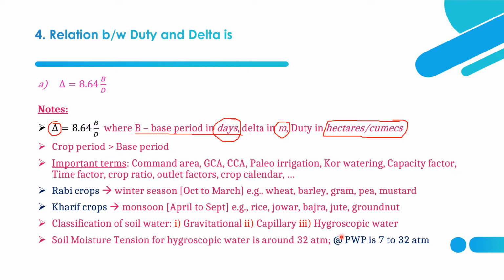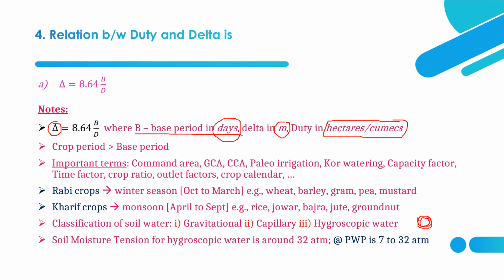And next is the hygroscopic water. This water is absorbed by the particles of dry soil and is held as a very thin film on the surface of soil particles. For example, say this is the soil particle, above which there is a thin film layer like this. This is called hygroscopic water.